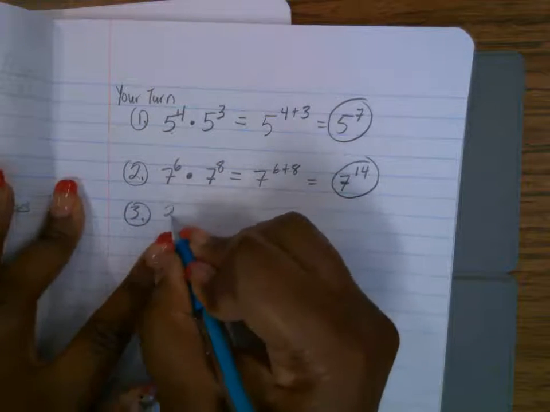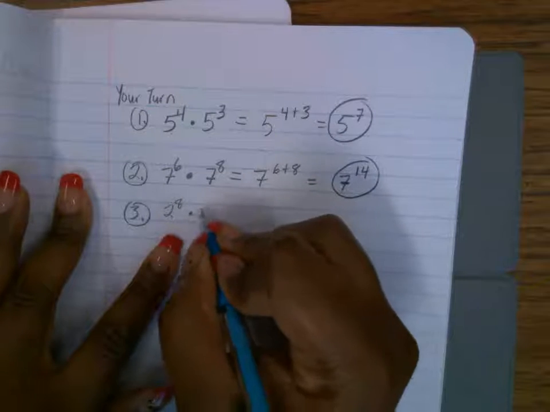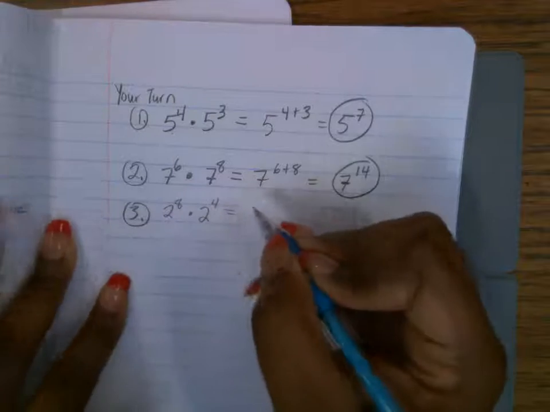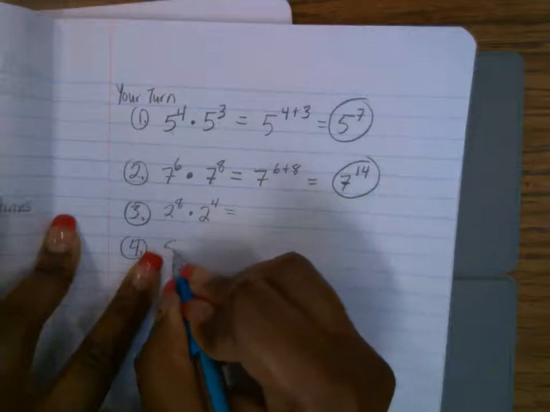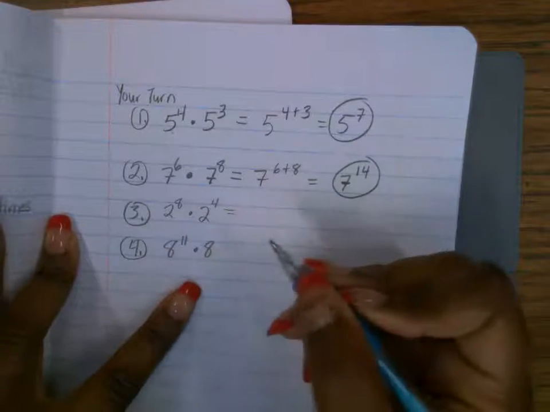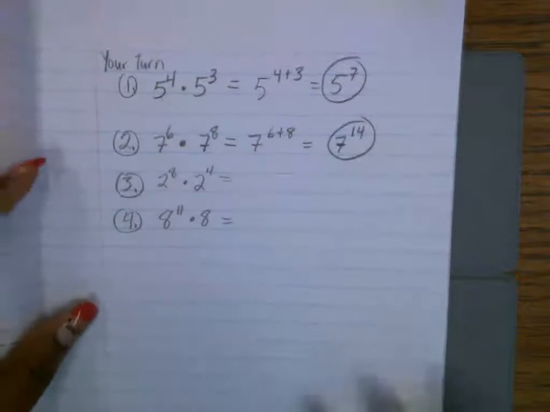You have 2 to the 8th power times 2 to the 4th power. Then number 4, you have 8 to the 11th power times 8. And we'll just leave it like that and see what you get.